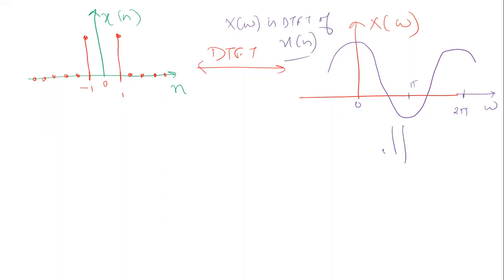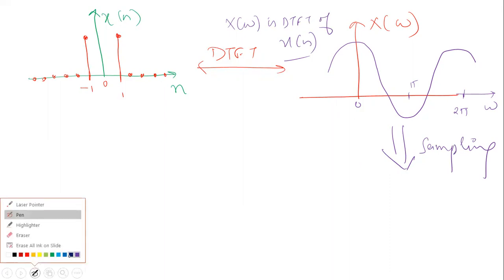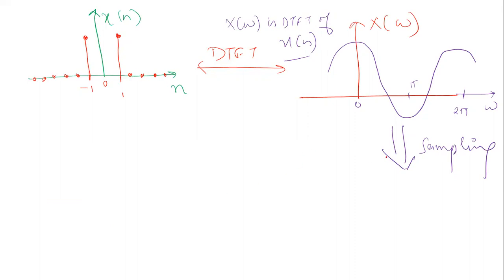Now we will sample this one. We'll apply sampling on this DTFT, and what will we get? We'll get the discrete time sequence, discrete time signal. How? Like this, which exists for certain samples only.